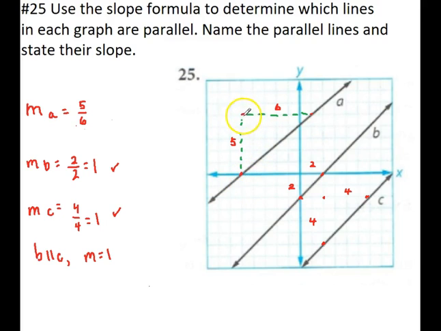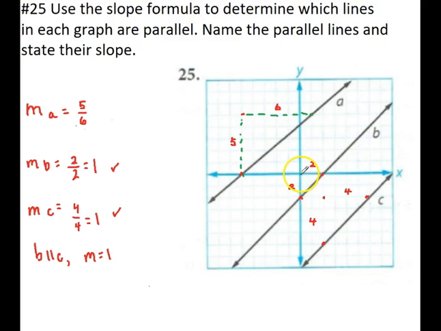From this point at the corner of this angle that we created, from this point to this point, going left to right, is 6 squares, so I've marked 6. And from this point to this point are 5 spaces. So the slope of line A is 5/6.